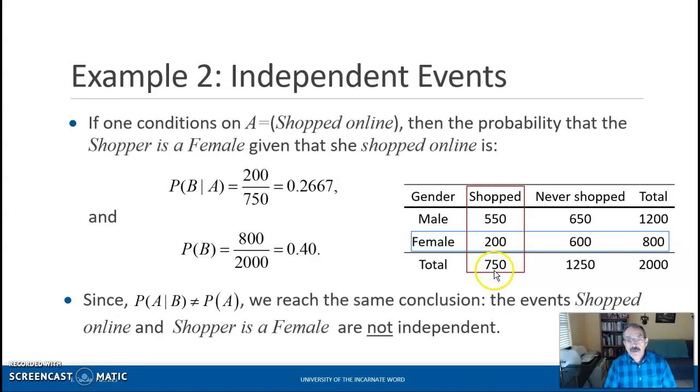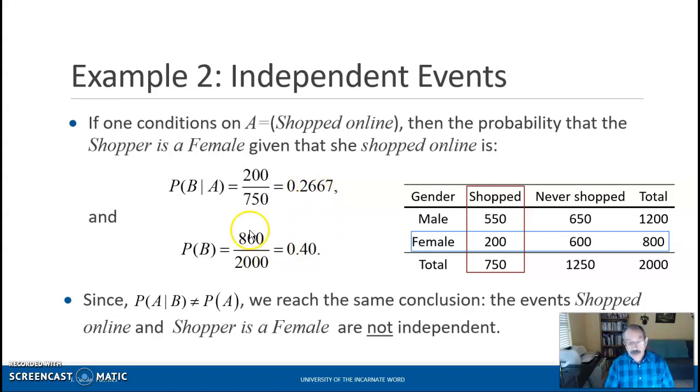That's 750 that shopped online, and there are 200 females out of those 750. That's 0.2667. And then the probability of being a female, we have 800 out of 2,000 being female shoppers. That's 0.4. Again, these two numbers do not match.